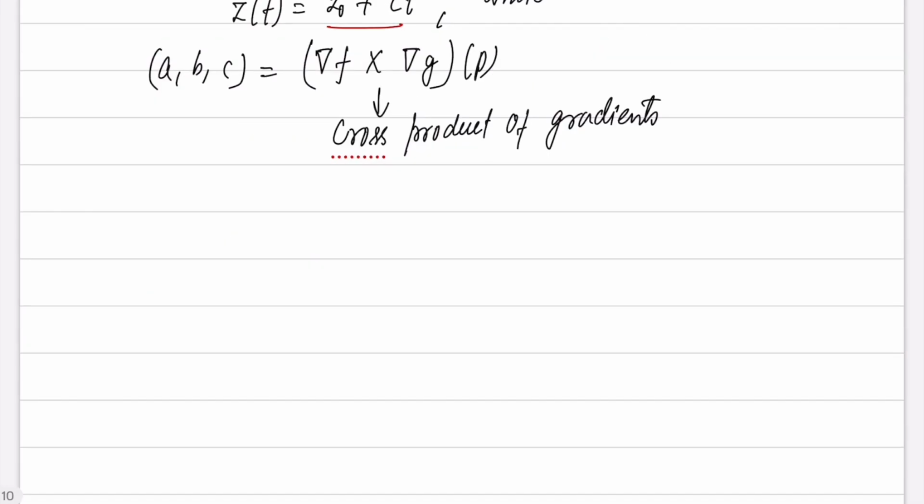Now we are ready to take an example to understand how we find this equation of tangent. So our first exercise will be: find the equation of tangent to a circular helix.